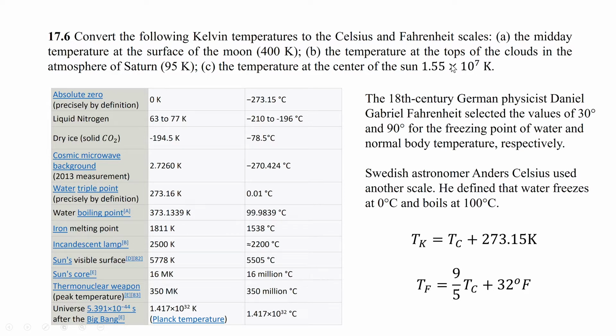Okay, so we may have a question: what's the difference between the three scales? The Kelvin scale, Celsius scale, and the Fahrenheit scale. If we just talk about the history, how people defined temperature. Temperature is a physical property to describe how hot the environment is.